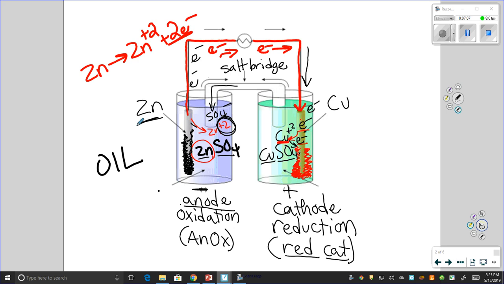Every time we pull a copper ion out of solution, its positive charge is going to need to be replaced. So we are going to have sodium ions or zinc ions moving this direction through our salt bridge to replace those positive charges. This is really important because you don't want a buildup of charge on your system. You want it to remain electrically neutral.